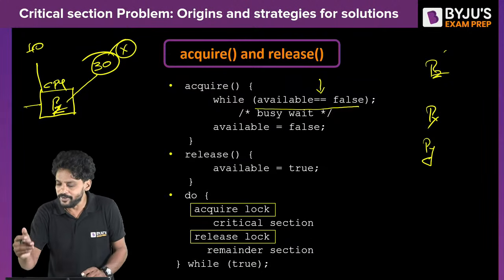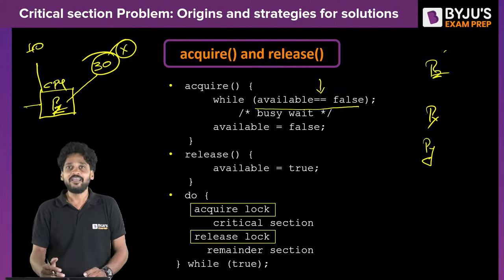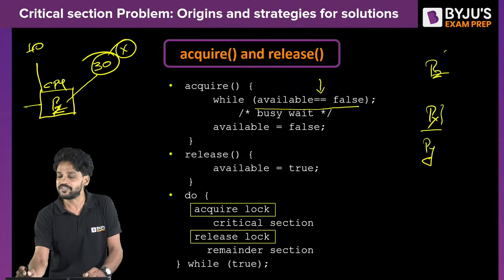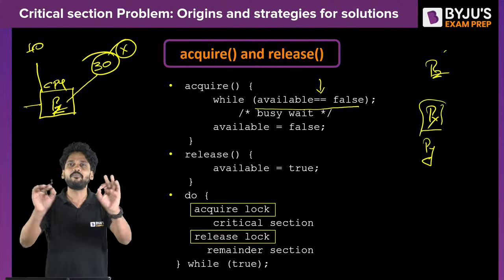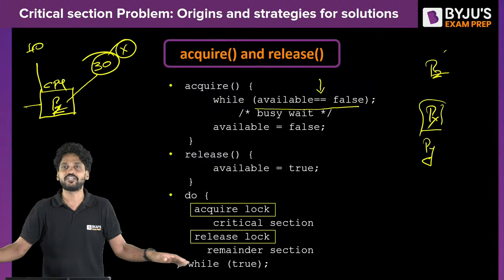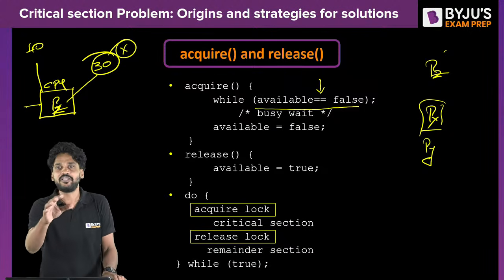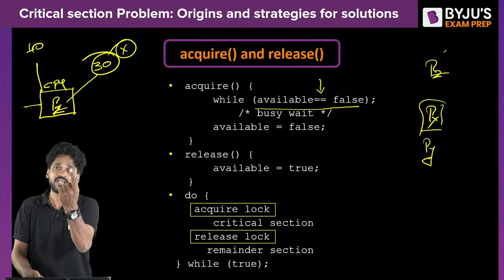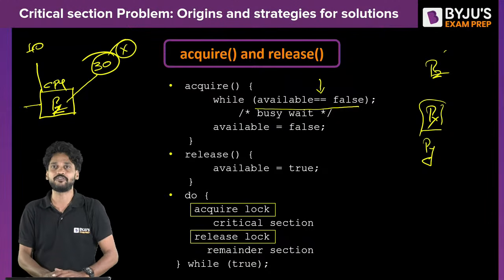No matter how many times PZ and PY get scheduled within the CPU, as long as PX does not finish with the critical section, the total number of clock cycles will be completely wasted. It is not productive. The CPU's clock cycles are being completely wasted without executing a single productive instruction.